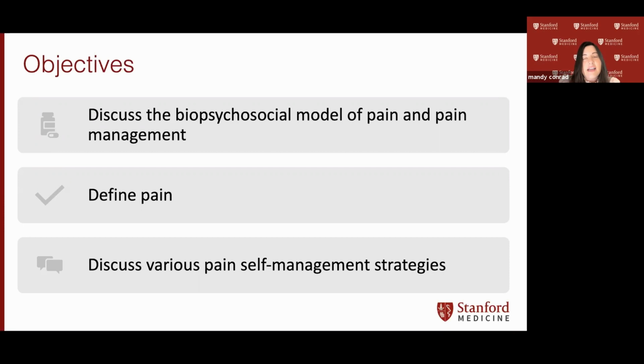Then I'll also be talking about the differences between acute and chronic pain. And lastly, my hope is to leave you with some pain self-management strategies. I'll teach you these things and then hopefully give you some skills and resources that you can take with you. I will likely be ending about 10 minutes to the hour, so hopefully we'll have about 10 minutes for conversation.